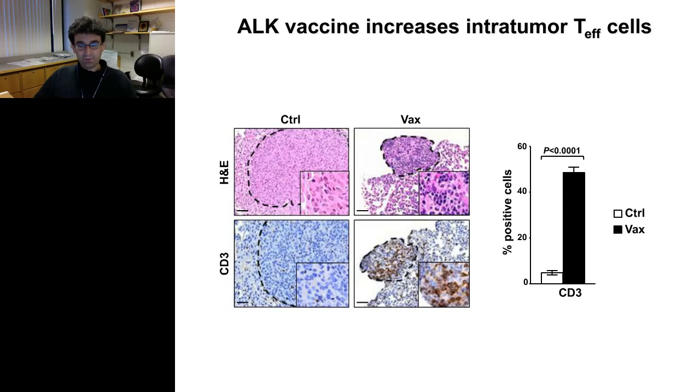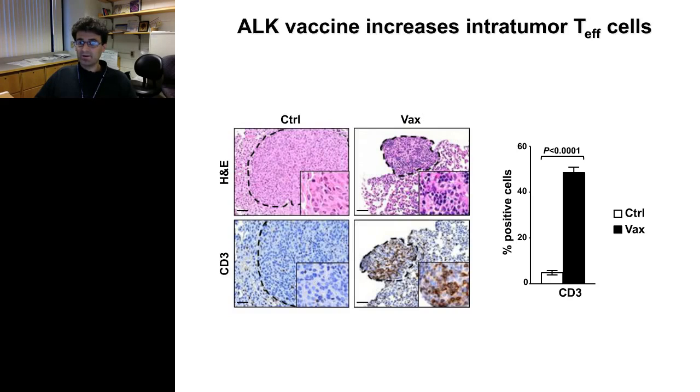And if you stain for CD3, so for the presence of T cells inside the tumor, you see that there are very few cells spontaneously present inside the tumor. But after vaccination, first of all, the tumor size is much smaller. And second, you also see the color change because the tumor is filled with very small dark cells, which are, of course, T lymphocytes because they are strongly positive for CD3.